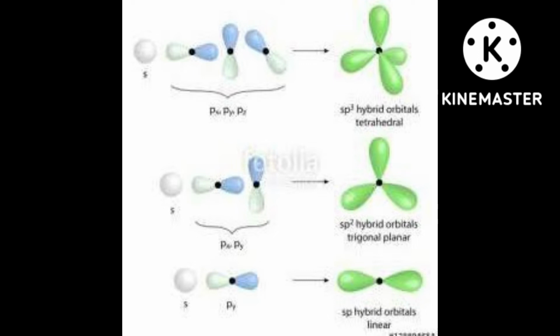So I have told you four conditions of hybridization. First, the orbitals present in the valence shell of the atoms are hybridized. Second, the orbitals undergoing hybridization should have almost equal energy. Third, promotion of electron is not an essential condition prior to hybridization.